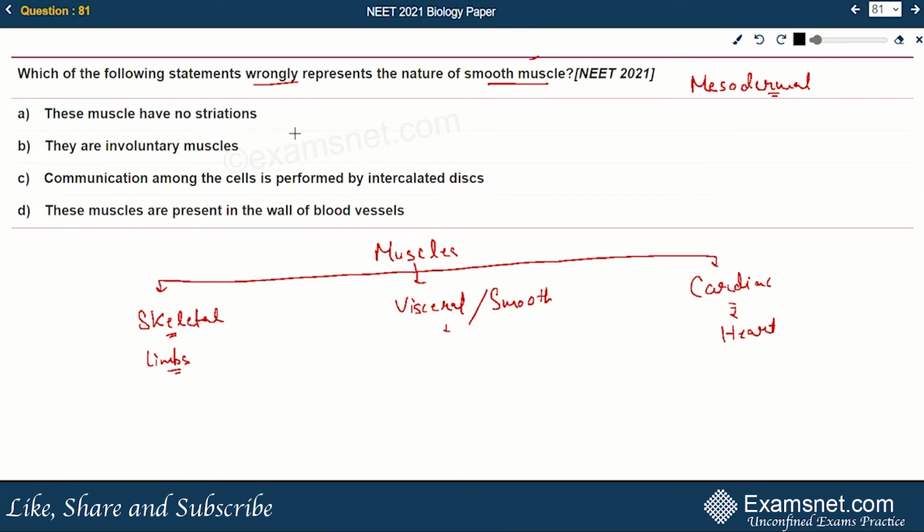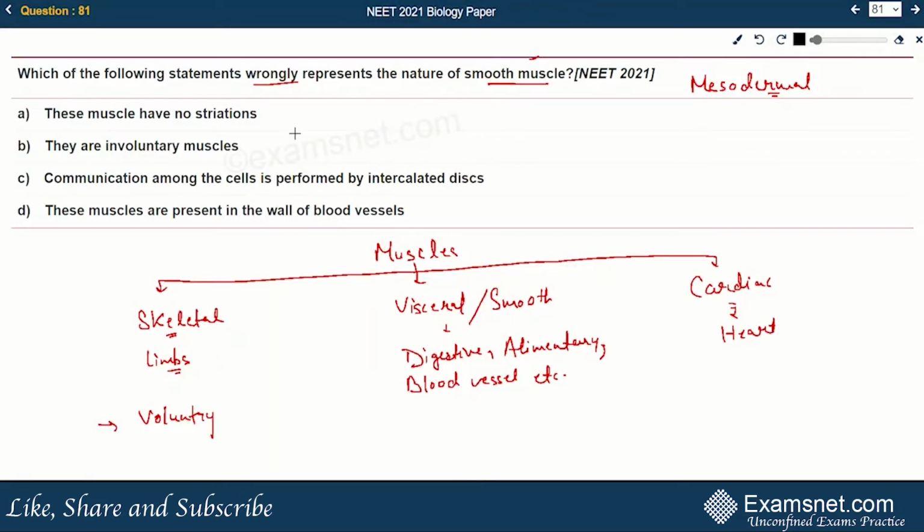For example, your digestive tract, alimentary canal, your blood vessels, uterus, etc. Now, skeletal muscles are under our control, right? You can control them as and when required. Therefore, these are also known as voluntary muscles.